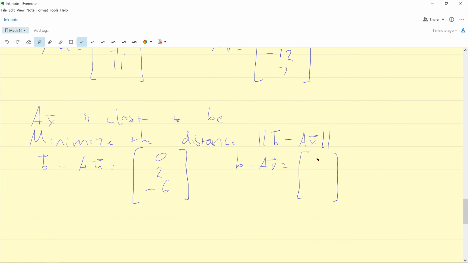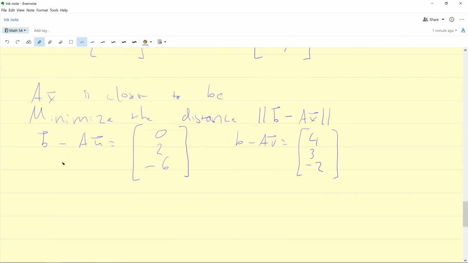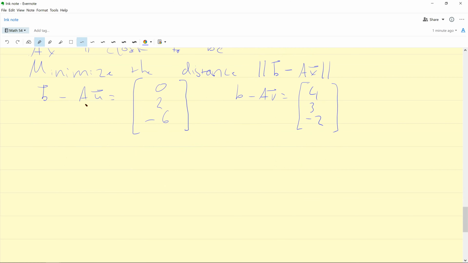And the second? I got 4, 3, negative 2. Yeah, those are right. So if this was a least squares solution, this distance would be minimized. So now I want the magnitude of each of these vectors.